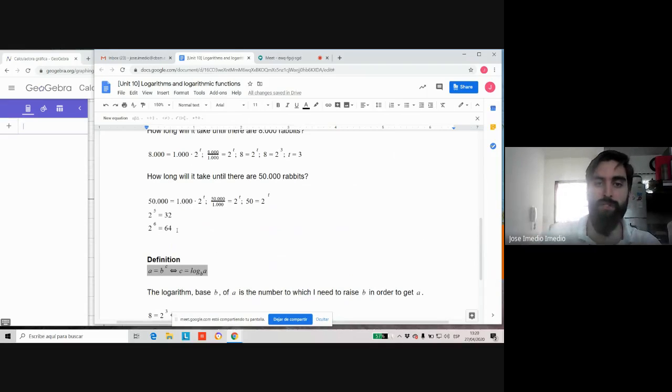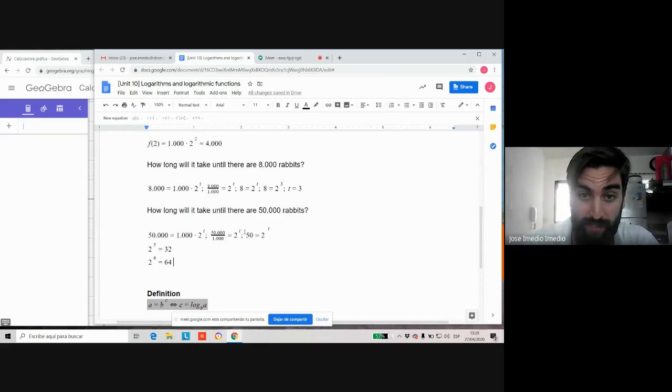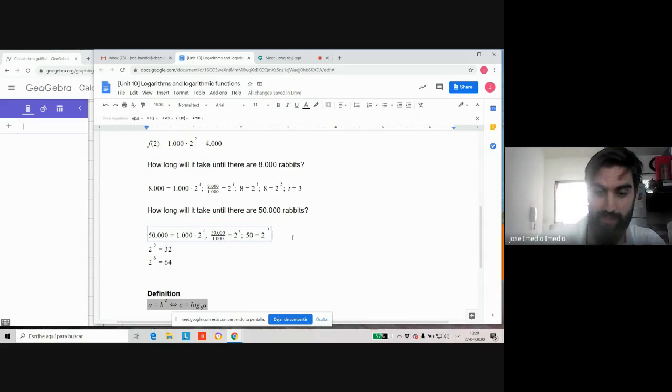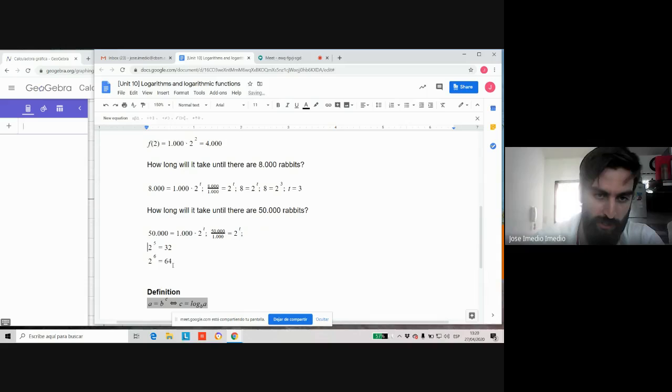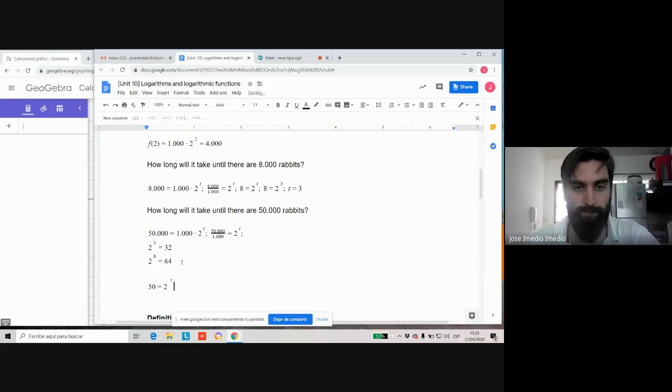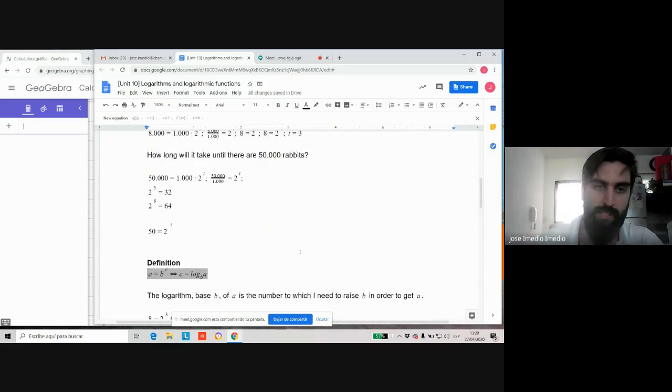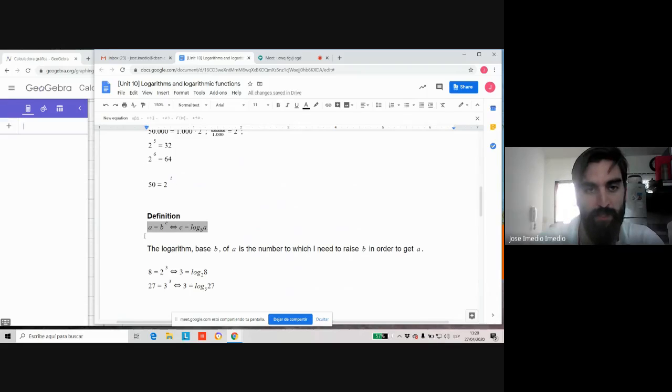Okay, great. So what I need here is this, right? I'm asked about the value of this t, right? So let me take this and write it down here. We have that 50 equals 2 raised to the power of t.